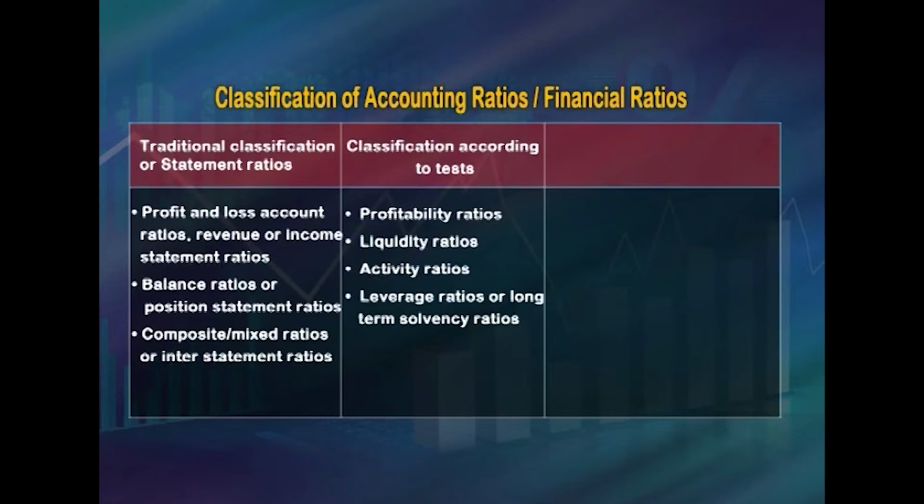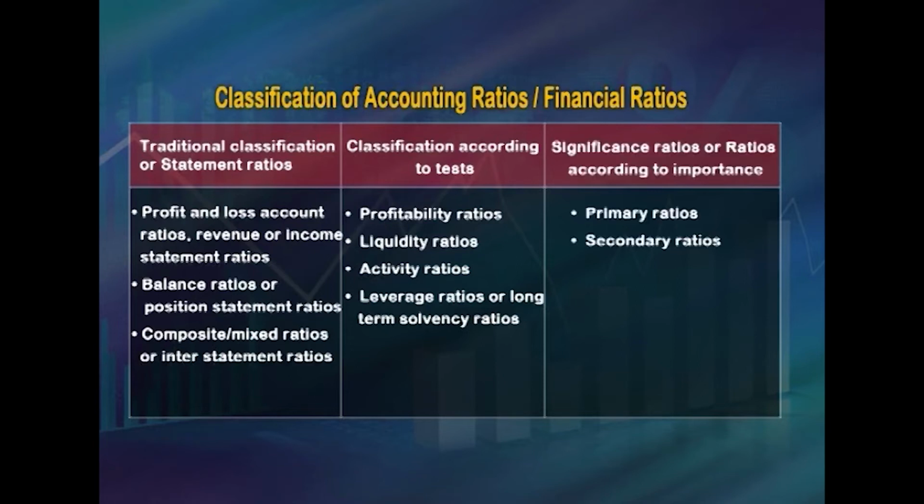Classification according to the tests: profitability ratios, liquidity ratios, activity ratios, leverage ratios or long-term solvency ratios. According to importance, ratios are classified as primary ratios and secondary ratios.